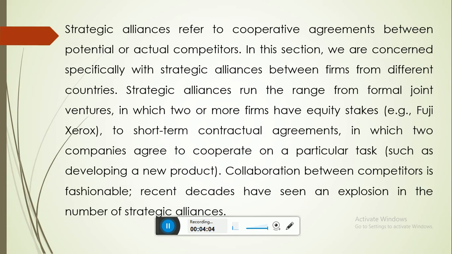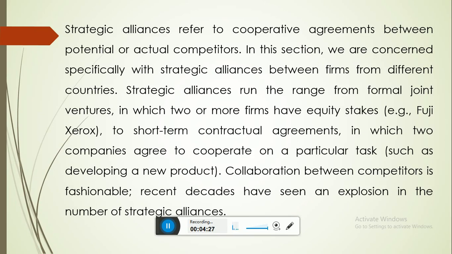Strategic alliance refers to cooperative agreements between potential or actual competitors. It might be a potential competitor, or it might be your actual competitor. So two competitors are coming together in order to achieve their own specific goal.